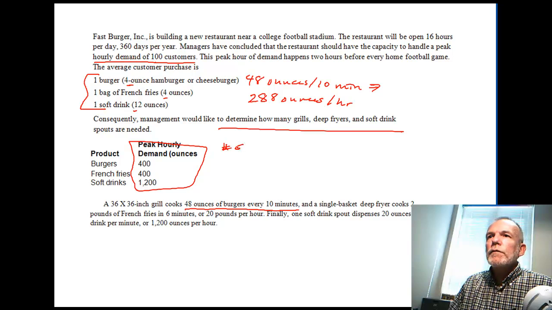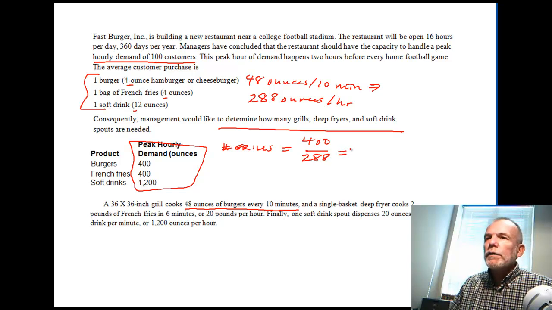Okay, so for the number of grills, we need 400 ounces per hour. Each one can do 288 ounces an hour, and so that will give us 1.39 grills that are needed.